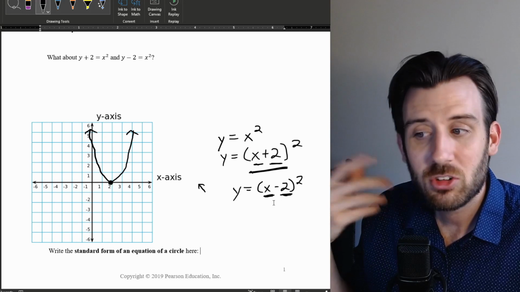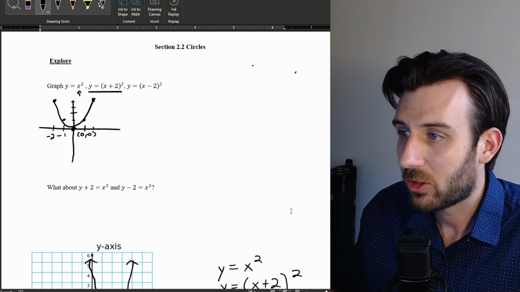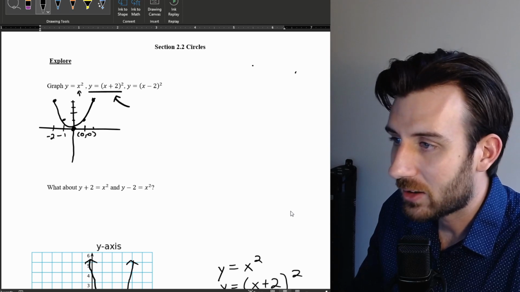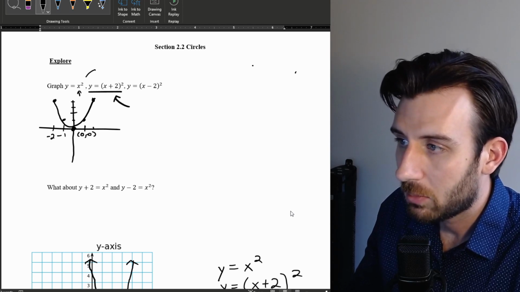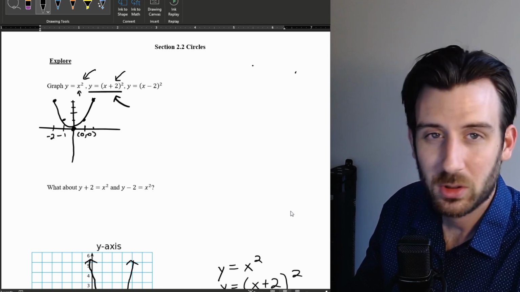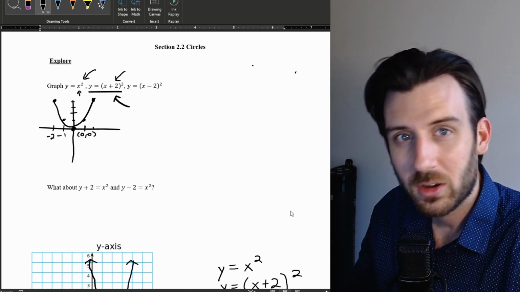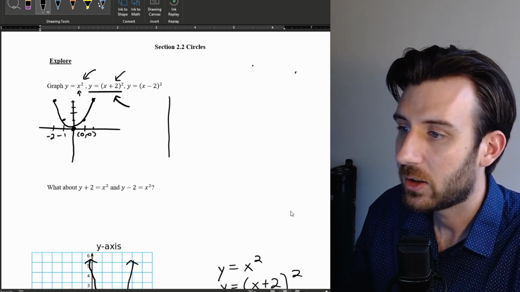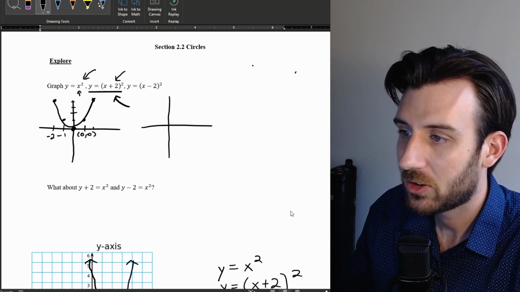Okay, let's see if we can generalize that idea for some of these other ones. We found out that this is going to have the exact same shape as this one because I'm still squaring things, but if I grow my x's by a certain amount, that really just means I'm shifting the coordinate system underneath the picture over. So I can very easily say that the graph for the second one is the same parabola.